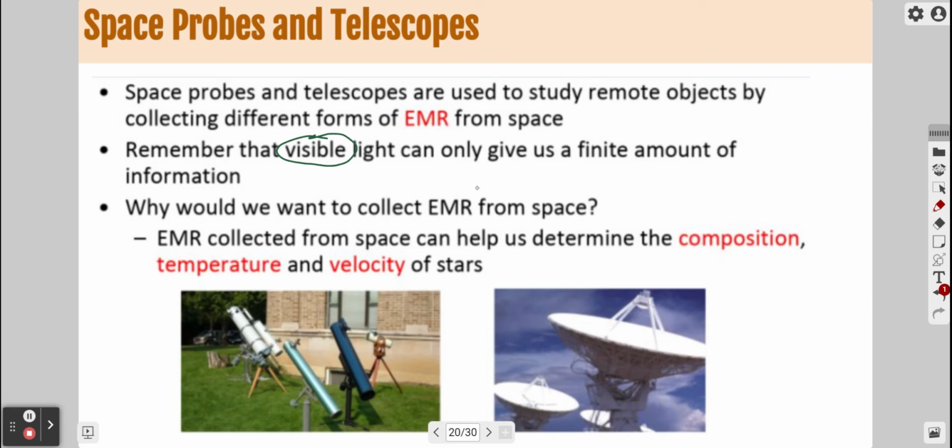So astronomers will collect other types of electromagnetic radiation from space, and that can help us determine other things like what that star is made up of, its temperature, how fast and in which direction it's moving.